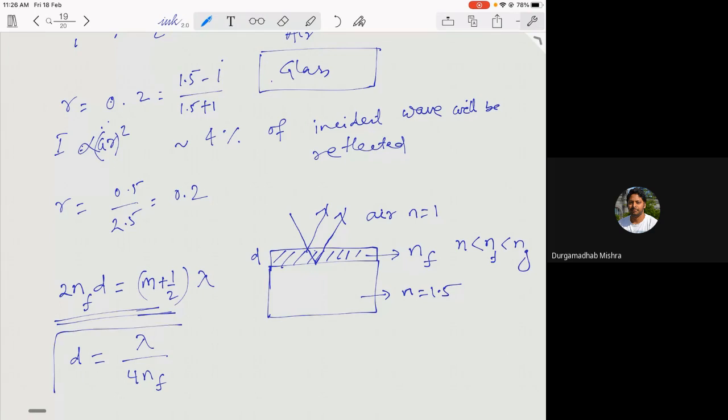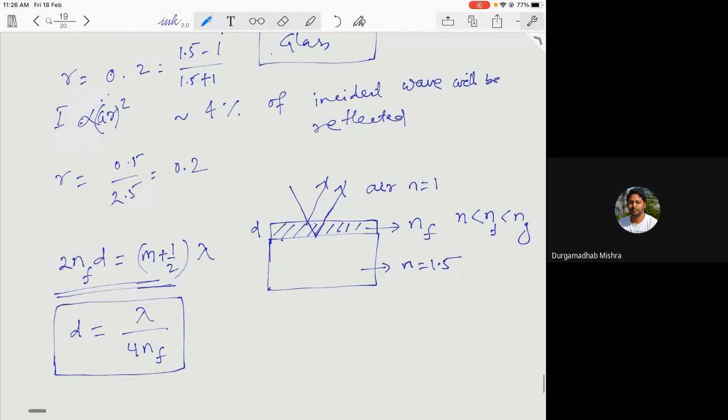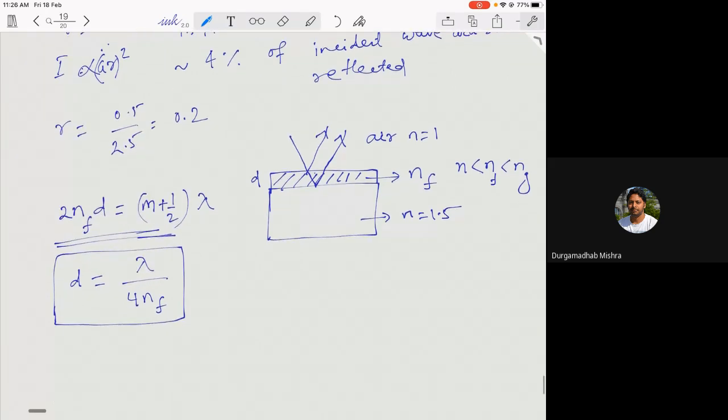So if I deposit a coating on a glass surface with d equal to lambda by 4 nf, where the refractive index nf lies between that of air and glass, I can create a condition with only destructive interference of the reflected wave, and then I can minimize the reflection. This is the idea behind the anti-reflection coating.